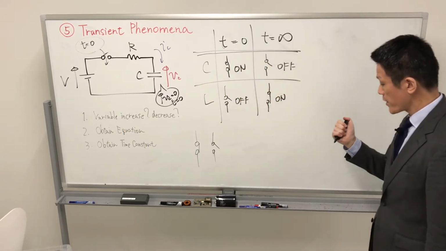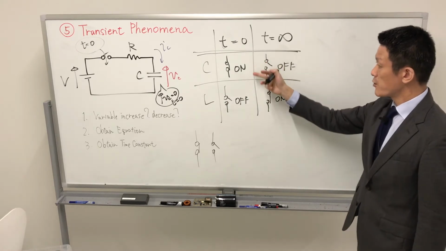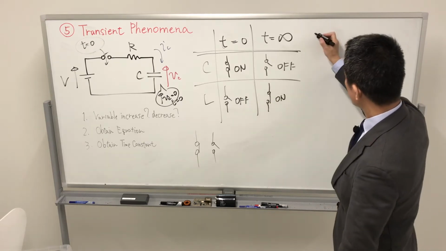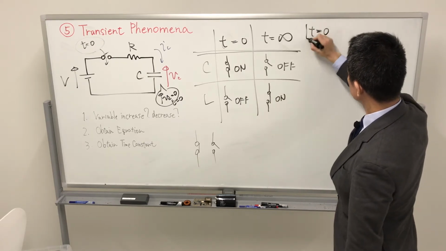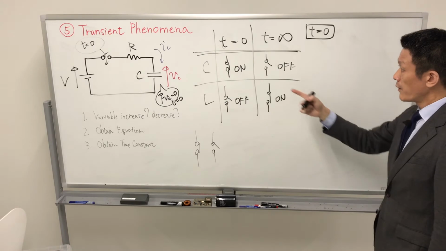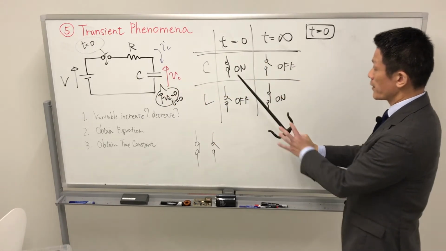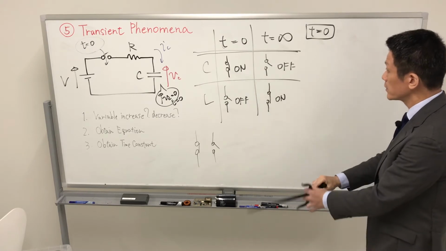So please check using this equivalent circuit. In the case of T equals 0, the equivalent circuit is the capacitor, indicating the switch turned on.